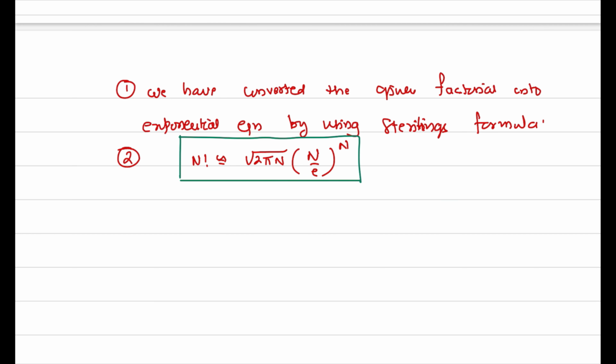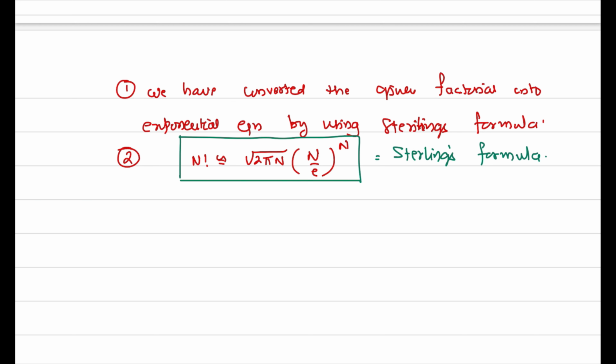The question in the examination may not be this much complicated, otherwise they will give the value of logarithms, L and 11. Don't worry about it. This is Stirling formula.